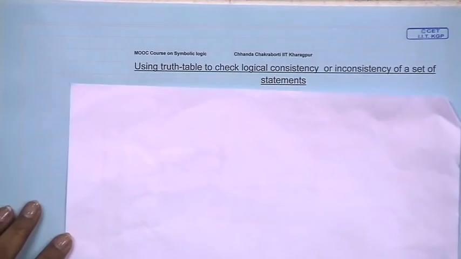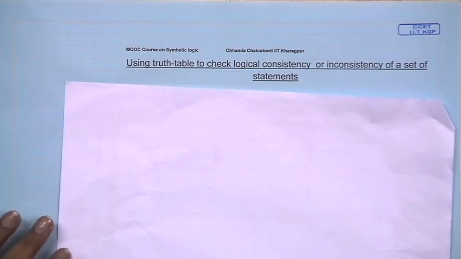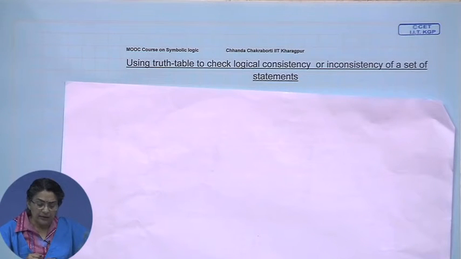And then we come to, so logical equivalence we have seen and we have learned how to do. Now, the only thing that remains is whether the truth table can guide us in finding out whether a set of statements is logically consistent or inconsistent. I will remind you again, when you are determining logical equivalence, you have only two propositions or propositional forms.